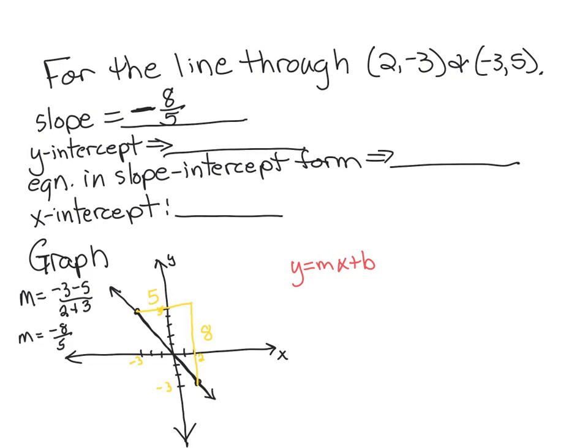In this point, my y value is negative 3 and my x value is 2. So my y value is negative 3. My slope is minus 8/5. My x value is 2 plus b. Notice that the only thing that I have to figure out now is b.